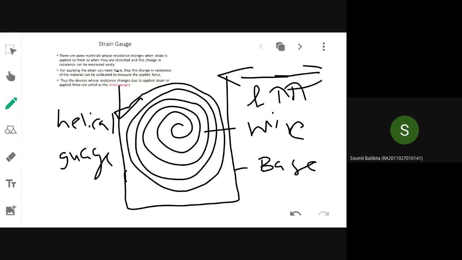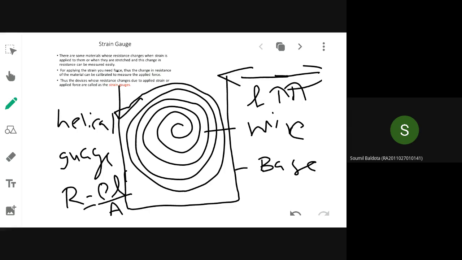Length will increase. And you know there is a particular formula for R, no? What is the formula for R? R is equal to rho L divided by A. R is resistance, rho is specific resistance, and L and A are length and area.